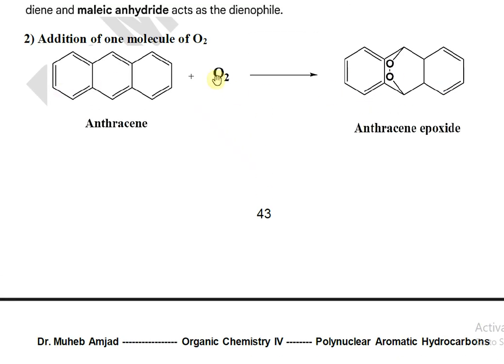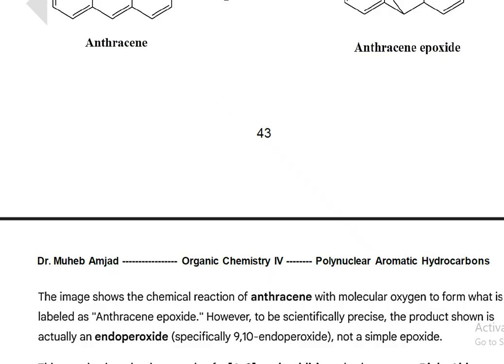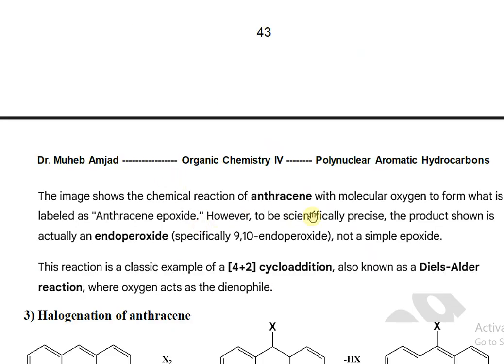So if we go to the explanation, the reaction with oxygen gas forms anthracene epoxide, which, as I told you before, is an endo-epoxide, especially the 9,10 endo-epoxide, not a simple epoxide.